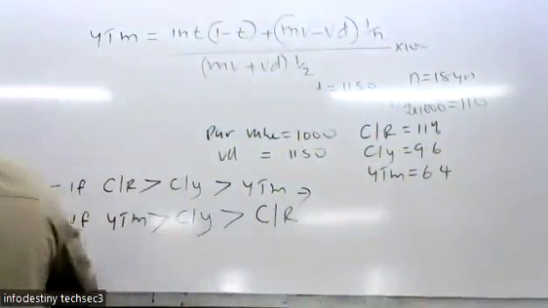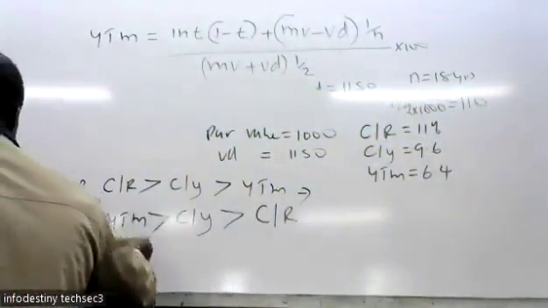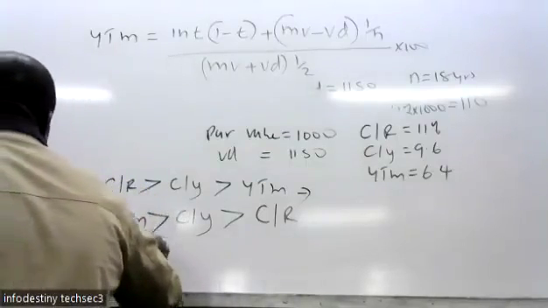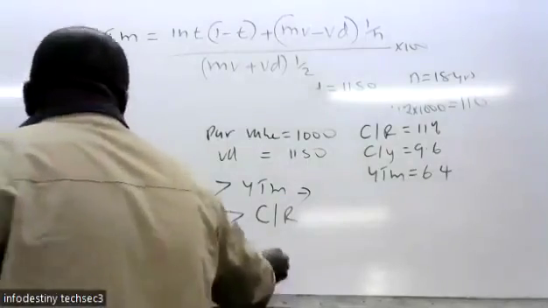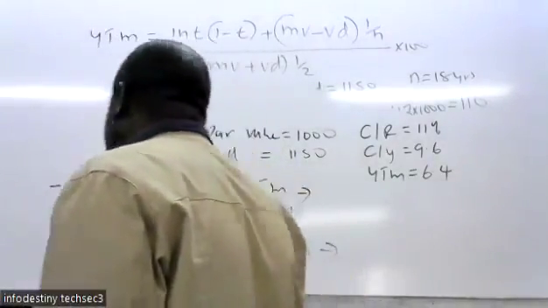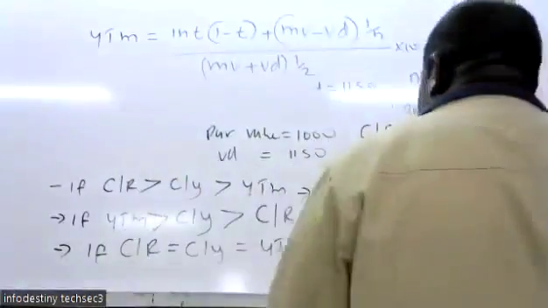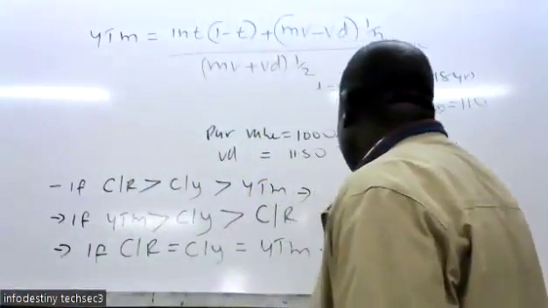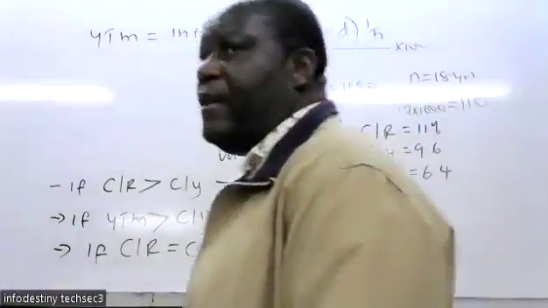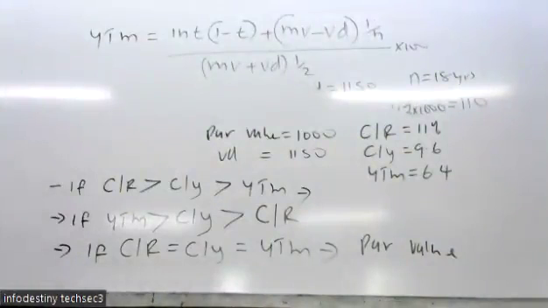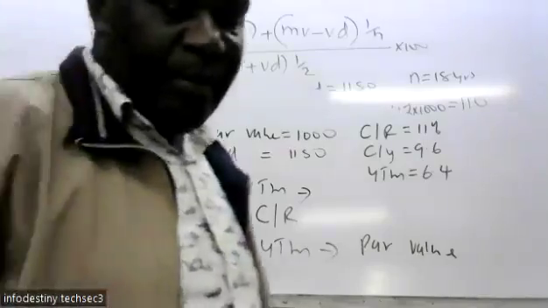Then the last dash, we say that if the coupon rate is equal to the current yield, which is also equal to the yield to maturity, that means all of them are the same, then the bond will sell at par value, or the face value.